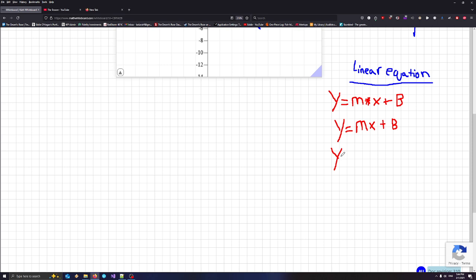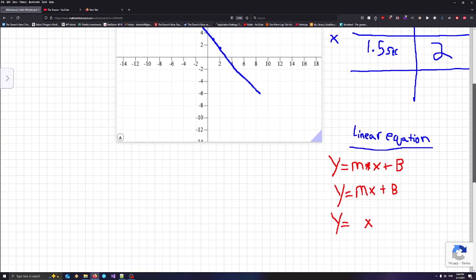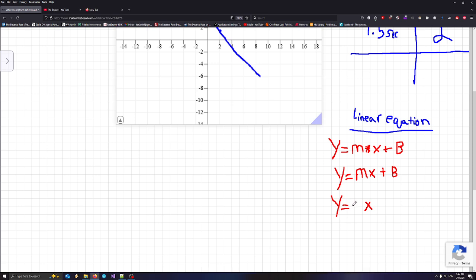Y equals, we'll put the x there. And I'm going to change the color for m and b, because m is what's called our slope, and b is called the y-intercept.